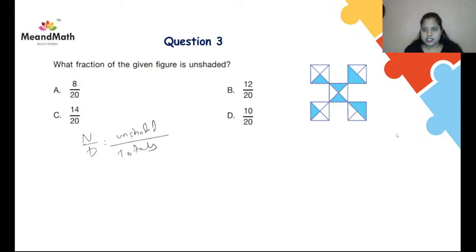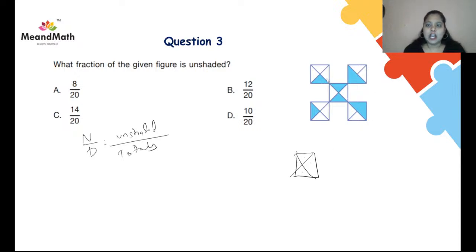Here you can see that in the figure they have divided one box or one square into 4 parts. Am I right? Into 4 triangles they have divided. So we have to consider 1, 2, 3, 4, right? This one box exactly. So let us now count the number of parts, that is the total parts, which is the denominator.